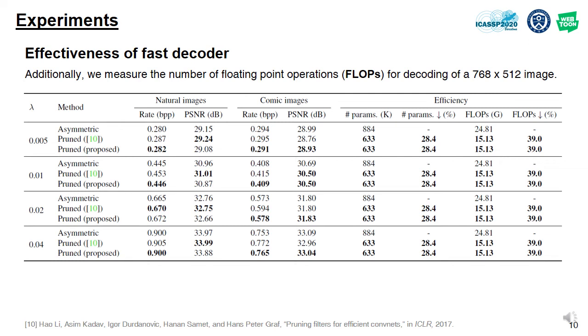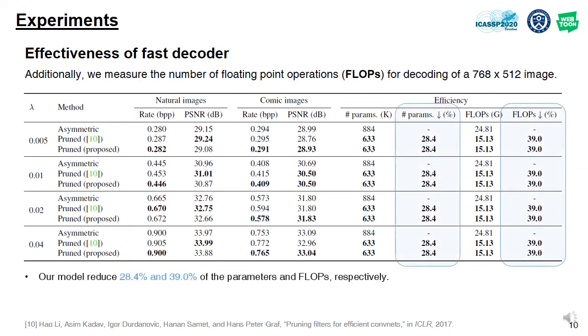First, our model reduced 28.4% and 39% of the parameters and flops, respectively. And our pruning method is more effective than the conventional pruning method, particularly for the comic dataset.